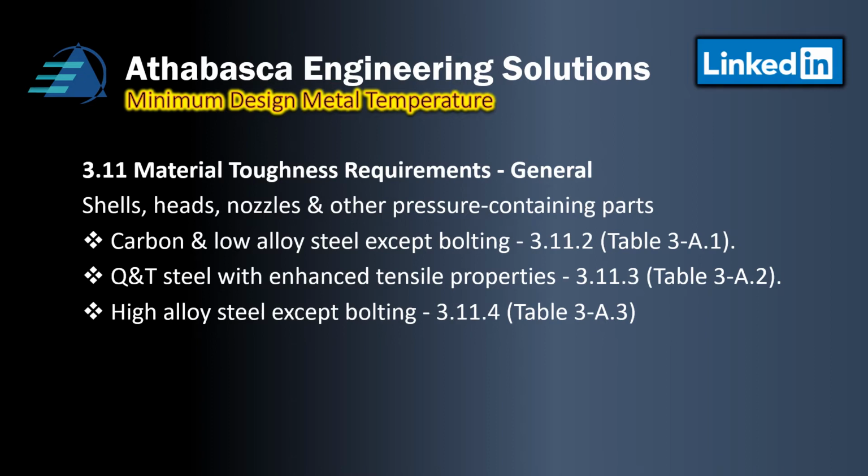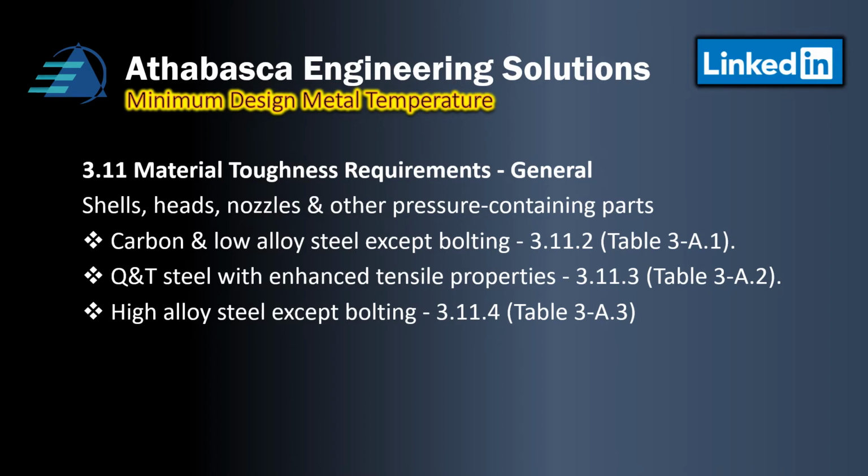That's probably the second most common after carbon steel that you'd run across. Quench and tempered steels, I rarely run into those, except for other applications which are non-pressure, but you do see them, and they're available. So we'll go back to that.